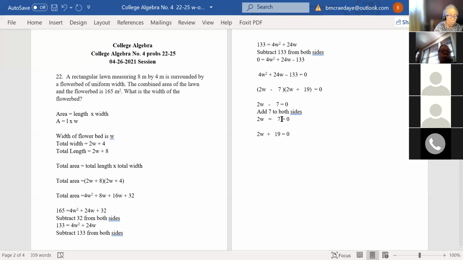So you get 2W equal 7. Audrey, if 2W is equal to 7, what is W equal to?